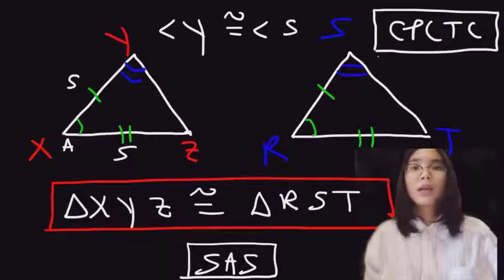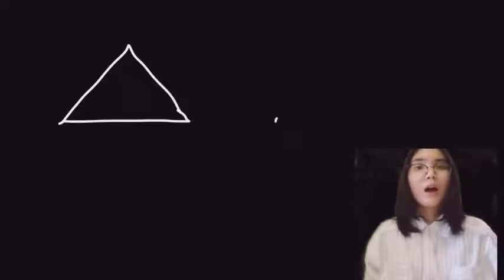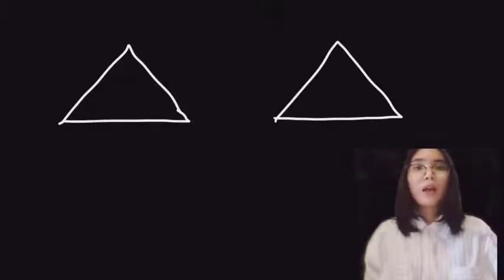So we have a side, an angle, and a side, so we could use the SAS postulate to make the statement that triangle XYZ is congruent to triangle RST. And that's the second postulate that you need to be familiar with in order to prove the two triangles are congruent.